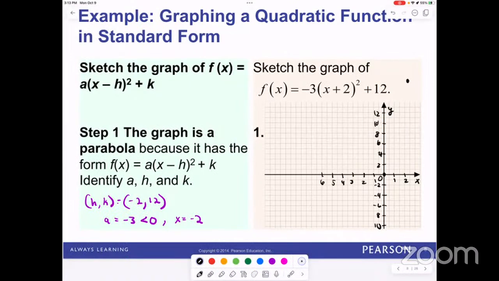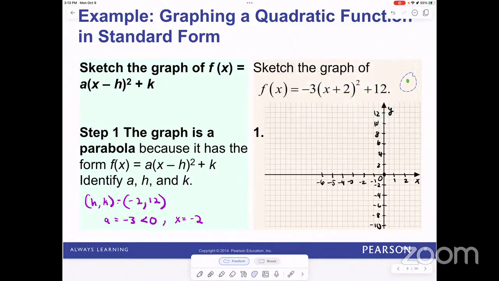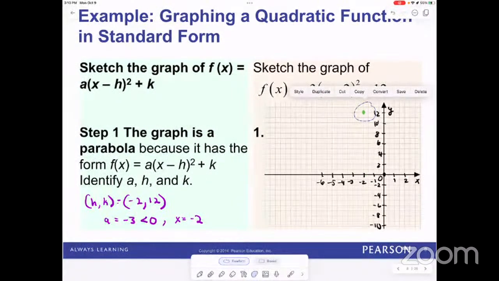These are negative. All right, so let's go with vertex -2, 12. That puts us about there. Okay, then we have our axis of symmetry, which is x equals negative 2.